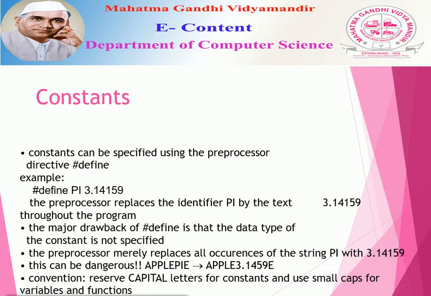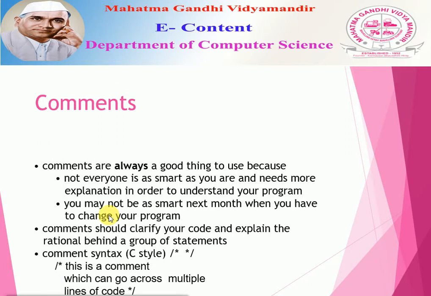The major drawback of #define is that the data type of the constant is not specified. The preprocessor merely replaces all occurrences of the string PI with 3.14159. So we can use this as a constant, and there are many constants we can use in the program.